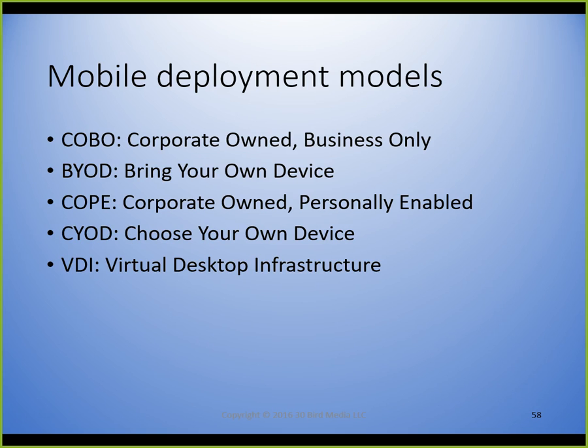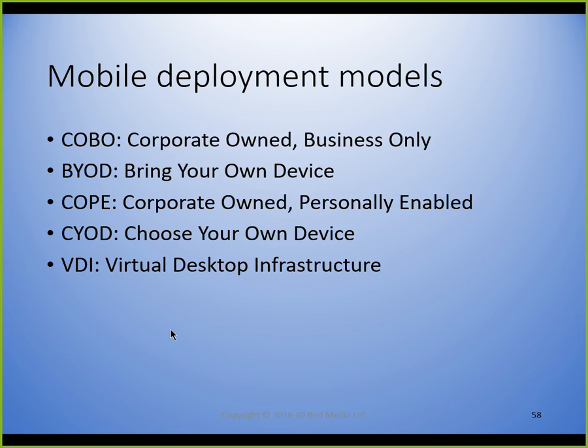Mobile models. What kind of devices are we going to have? We have corporate owned, business only. Those are the ones the company owns, and you can only do company business on them. You can't use it for scanning, for surfing the internet, or for your personal email. You can only use it for business, which means you're probably going to have two phones. Then BYOD, bring your own device.